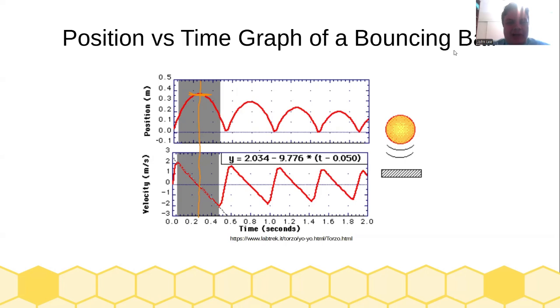So as the ball bounces, it is always going to be experiencing a constant negative acceleration of negative 9.776 meters per second squared, as long as it isn't currently hitting the floor.